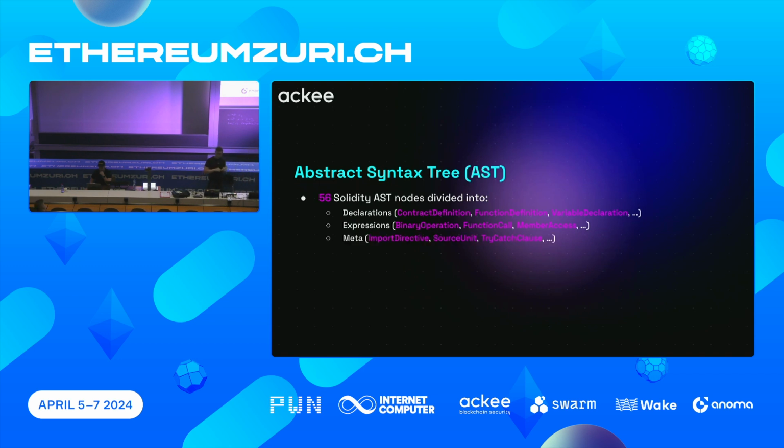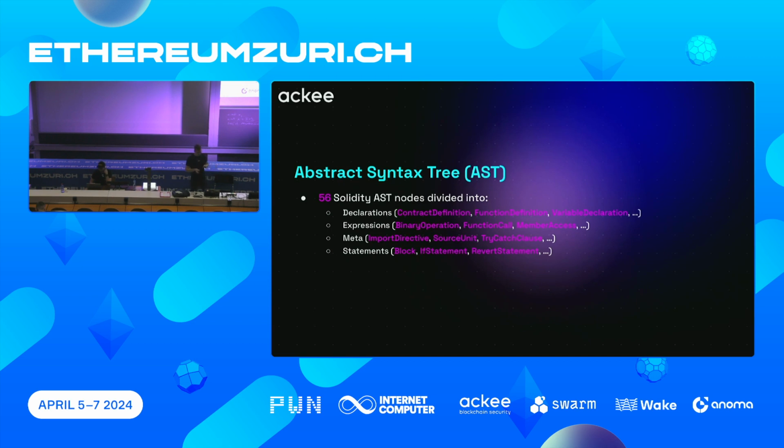There may be some meta nodes that don't belong in any other category. They can be anything, like helper nodes, for example source unit, which is the root of the tree. Each tree will have the root, which is the source unit node. And there are some more examples. We've got statements.